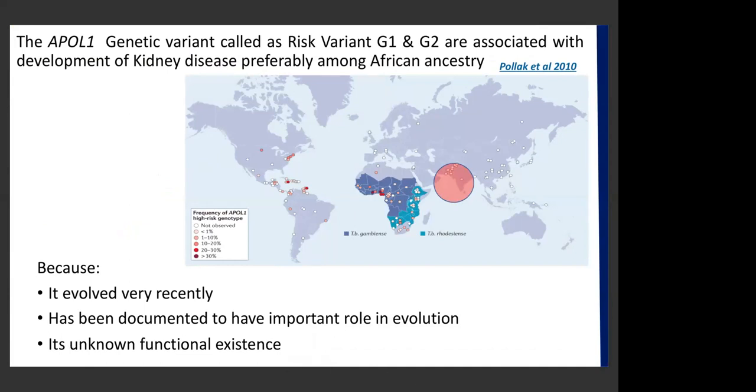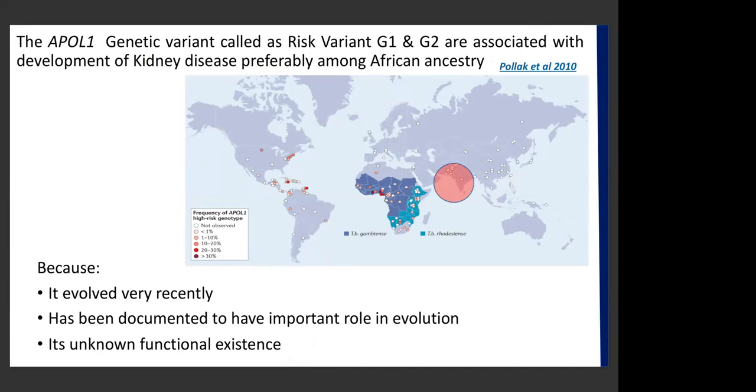As we know, the APOL1 protein is associated with kidney function, but its association is only because of the presence of mutations that we call G1 and G2. In our region, we don't identify these mutations in our population.